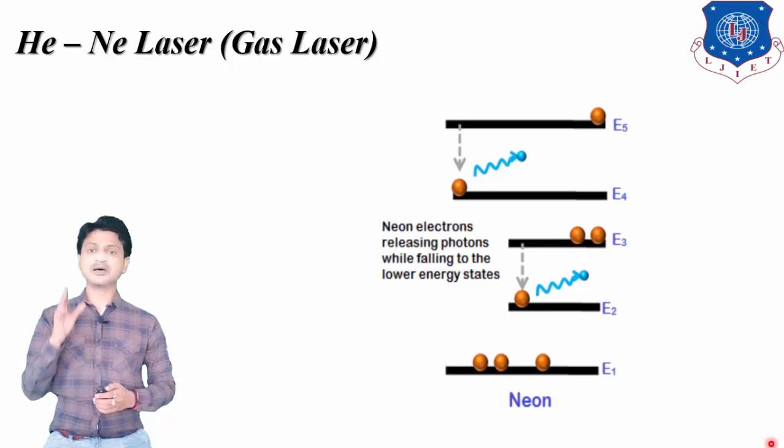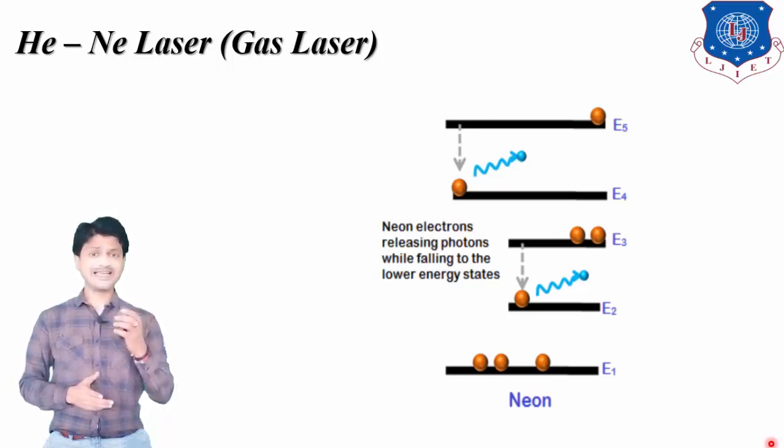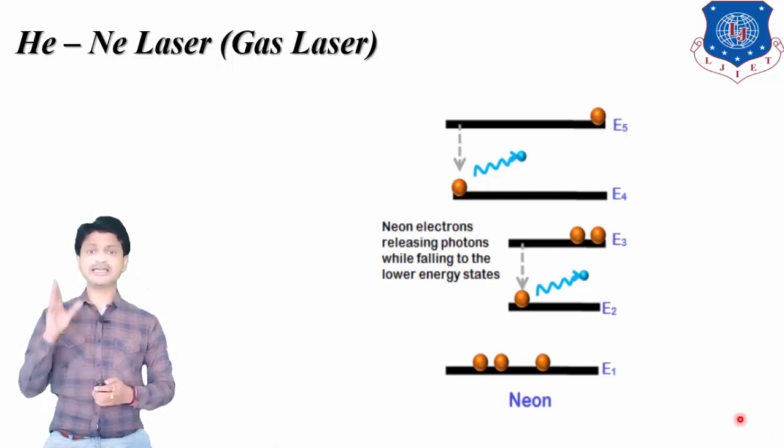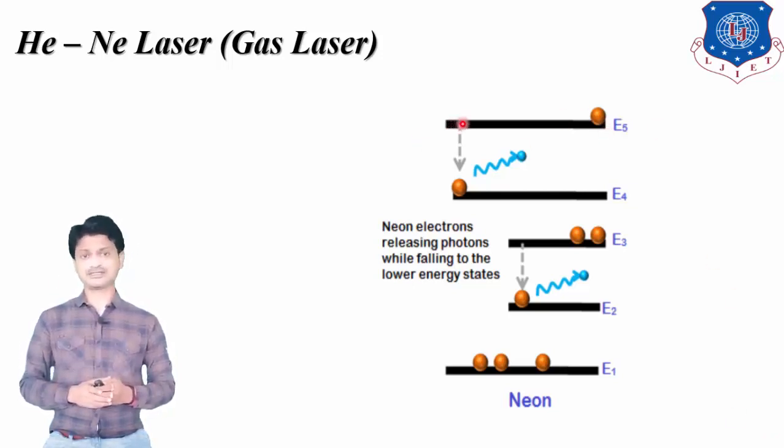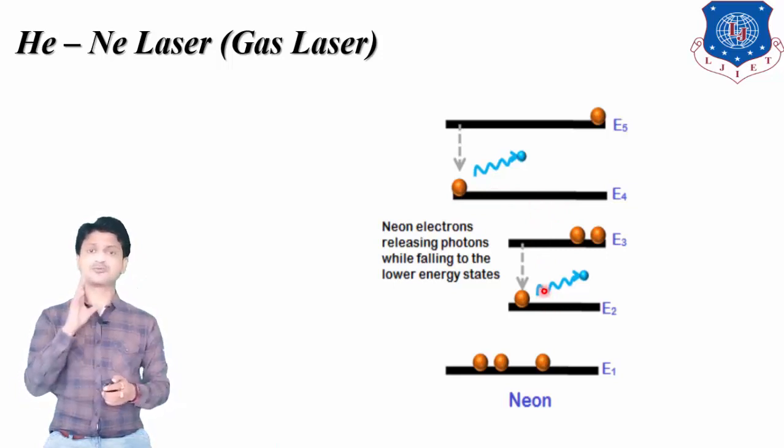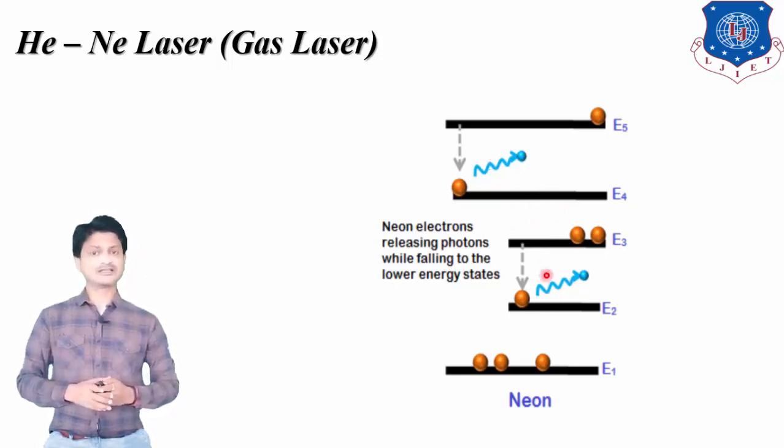After some period, the metastable state electrons of the neon atoms will spontaneously fall into the next lower energy states like E2 and E4 by releasing photons, and this process is known as spontaneous emission. The excited neon atoms continue on to the ground state through radiative and non-radiative transitions. This is important for continuous wave operation.